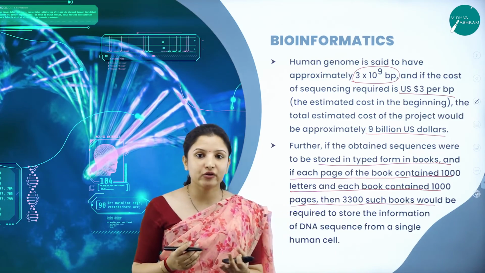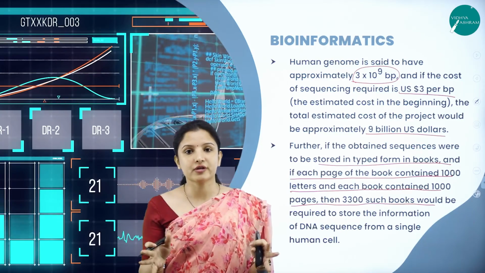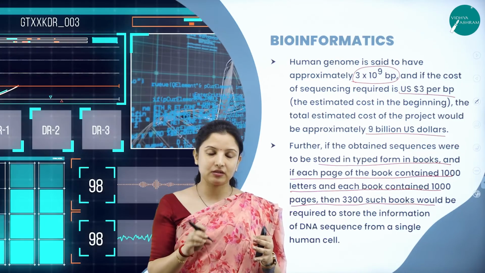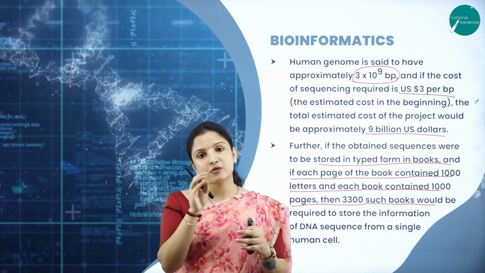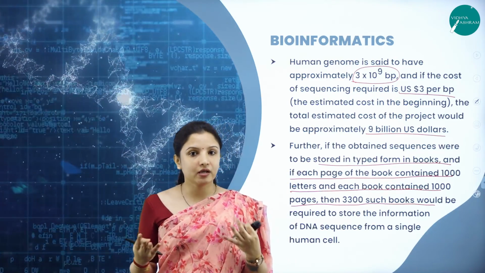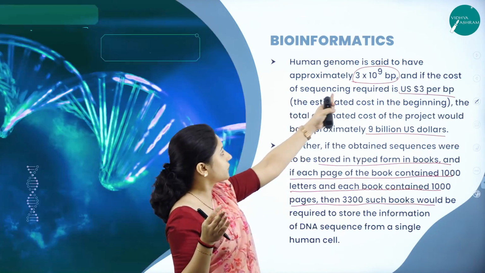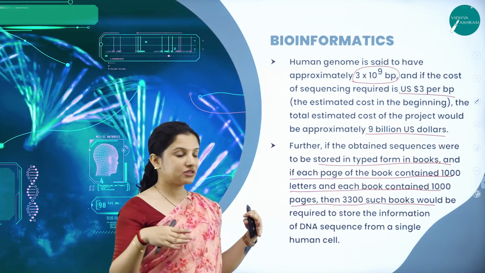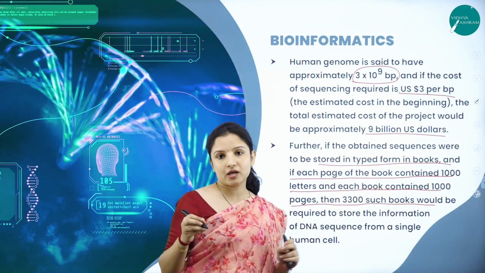So what is bioinformatics? Bioinformatics is like a program. A computer will be there, and in that computer the programs will be done, and in that program or app itself, the information of the DNA sequences will be stored, so that it need not be printed in a book. Because as I told you, if that entire length of sequence, 3 into 10 to the power 9 base pairs of the human genome, had to be typed in a book, then it would require 3,300 books.